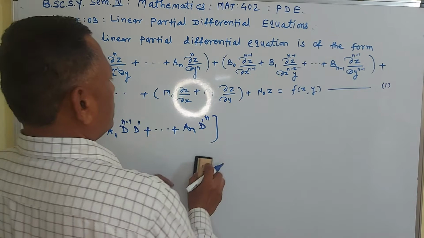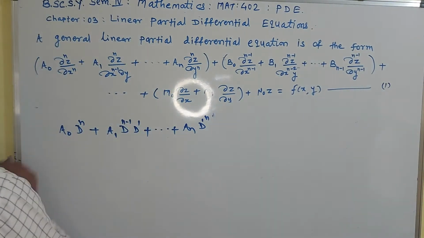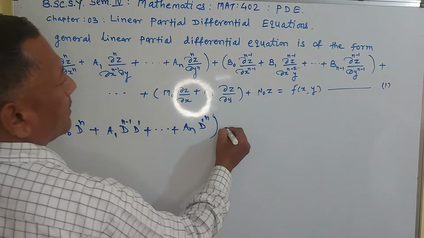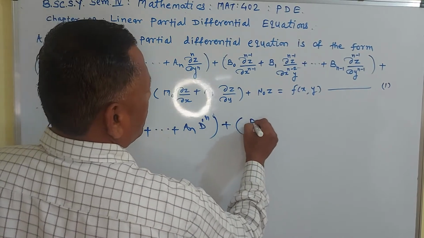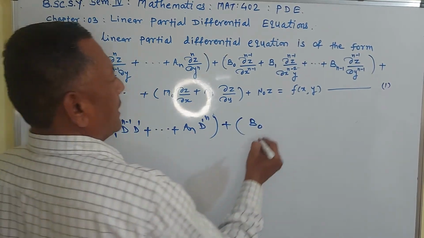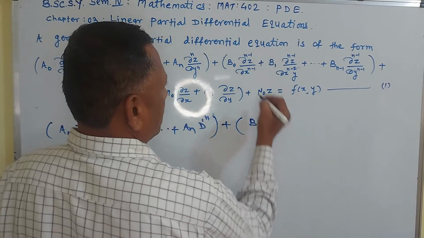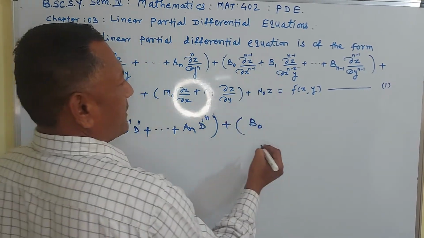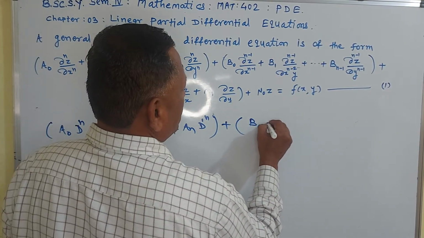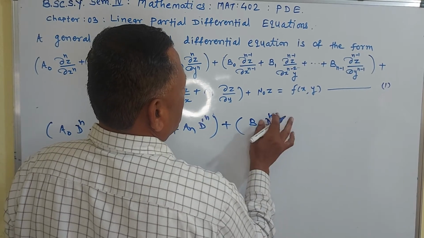Then plus b0 into D raised to n minus 1. This is the partial derivative with respect to x.